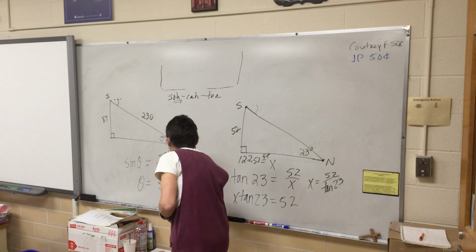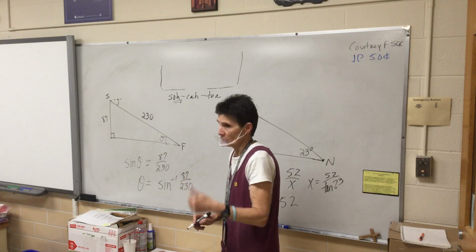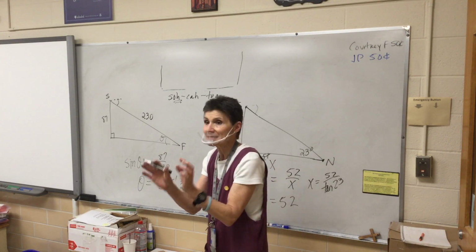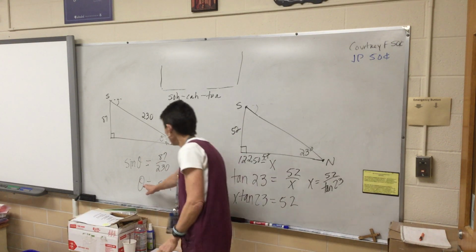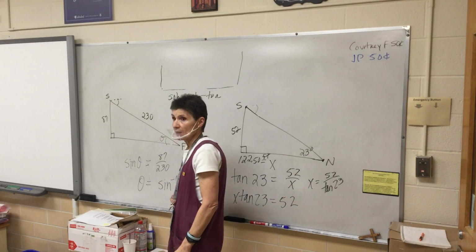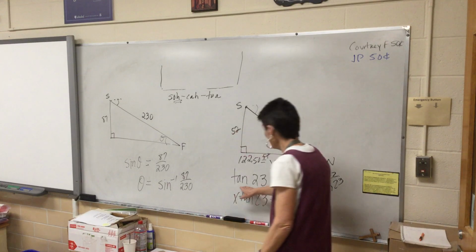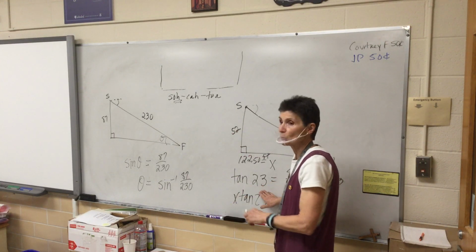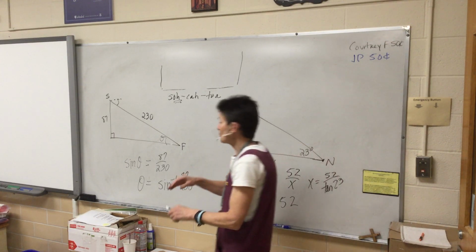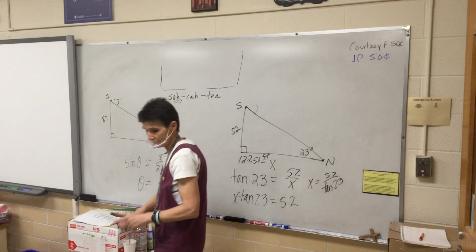Whenever you are solving for an angle, when your variable is an angle, you have to use the inverse of the sine. If you know the angle, you use a regular function, tan 23. If you don't know the angle, you have to use the inverse.